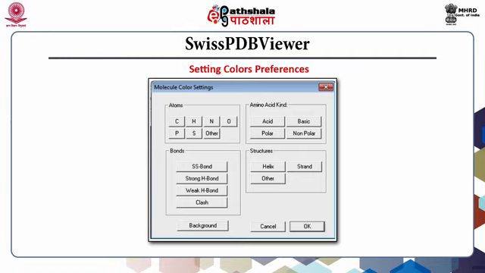So, set carbon as white, nitrogen as blue, oxygen as red, and other atoms like phosphorus, sulfur as yellow.